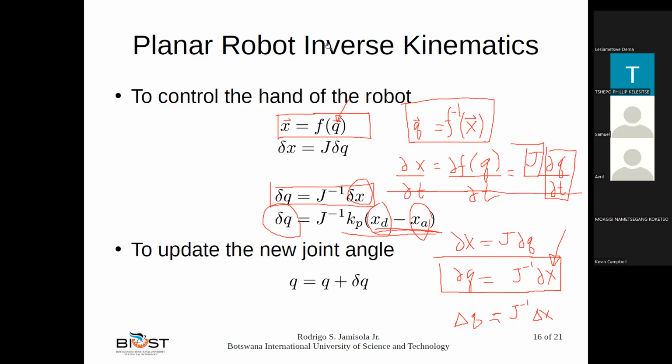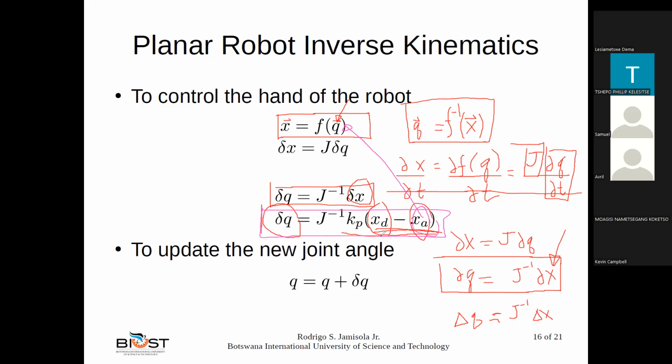In a sense, this equation here is the control equation. The control equation is composed of the error of the desired X minus the actual X. The actual X is computed from here, that's the forward kinematics equation.